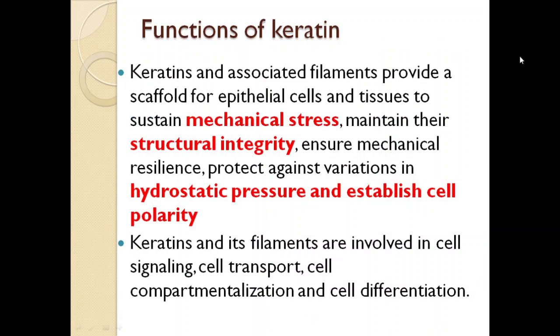Keratin and associated filaments provide a scaffold for epithelial cells and tissue to sustain mechanical stresses, maintain their structural integrity and ensure mechanical resiliency, protect against variation in hydrostatic pressure and establish cell polarity. Keratin and its filaments are involved in cell signaling, cell transport, cell compartmentalization and cell differentiation.